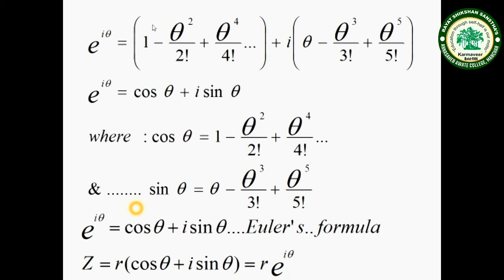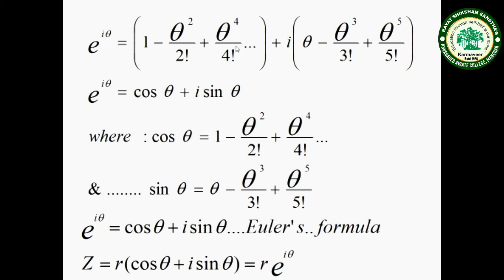For the same, we know that this equation is apparent as it is having the even powers. So this is nothing but the series of cos. So here the first parenthesis consists of even powers of theta, while the second parenthesis has odd powers of theta.